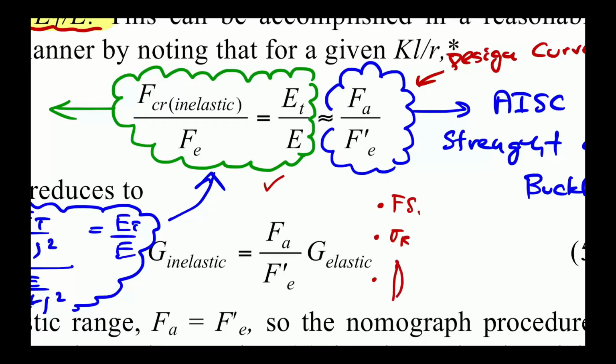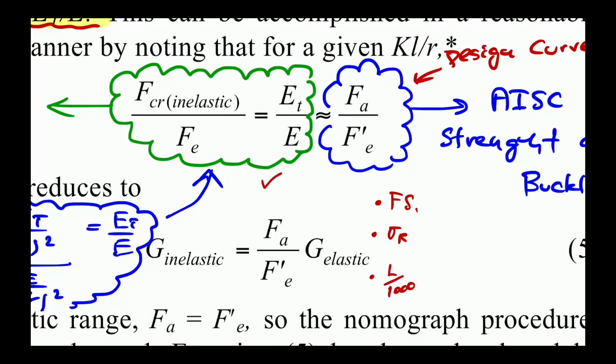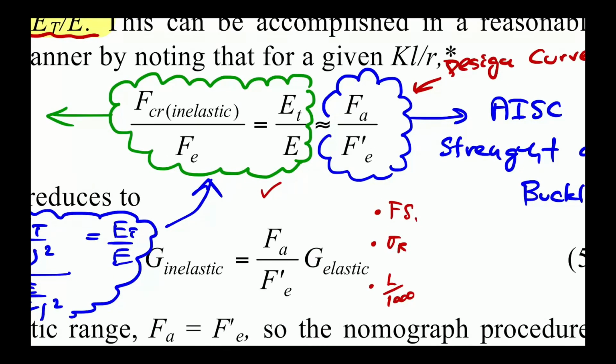The initial out-of-straightness: the column you deal with will be subjected to the ASTM standard, so the L over 1000 limit for the initial out-of-straightness applies, and the way AISC came up with the column curve is just add more factor of safety in order to account for the initial out-of-straightness of 1 millimeter per 1 meter.